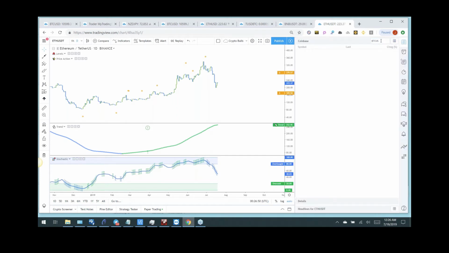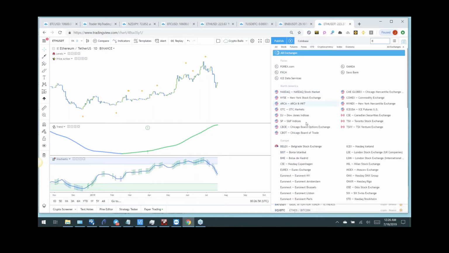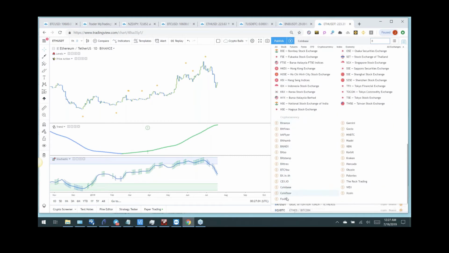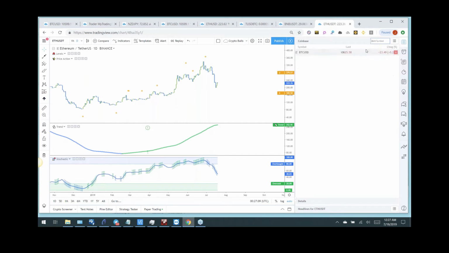Now what I'm doing here is you actually can choose your exchange, right down here to Coinbase, and then this will automatically bring in all the symbols.